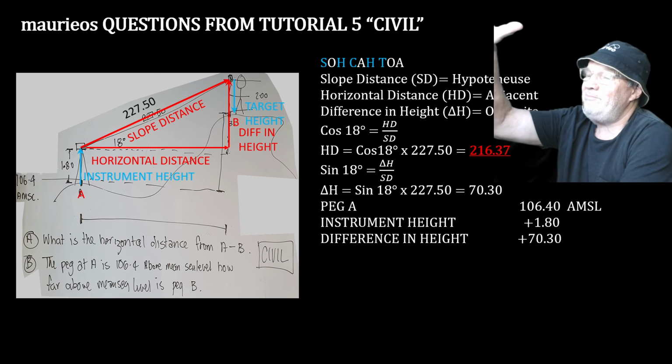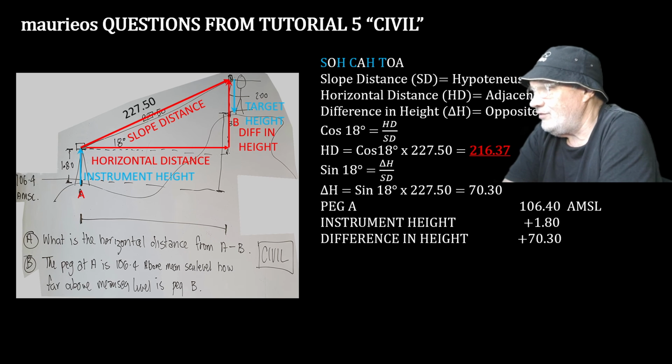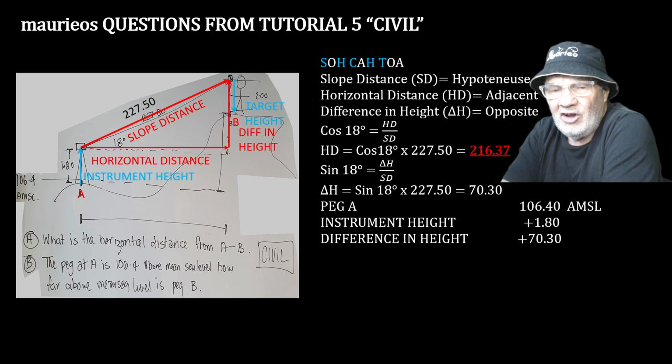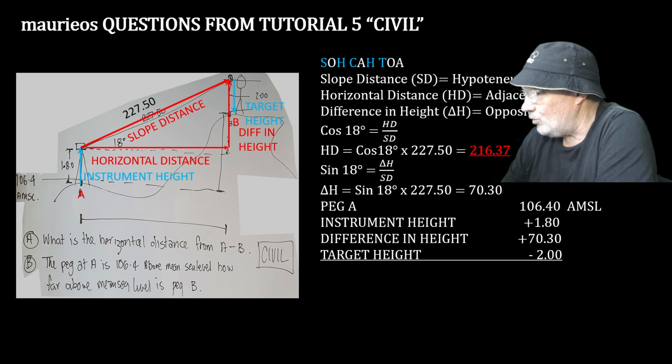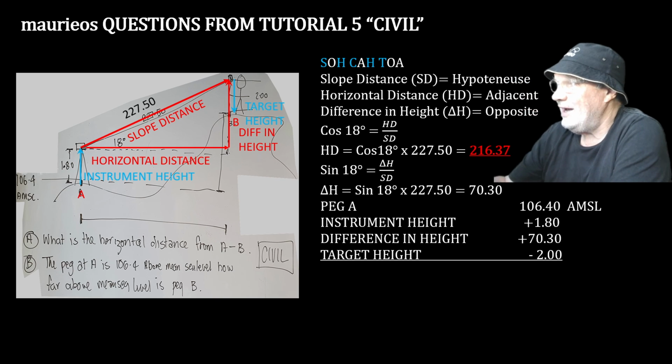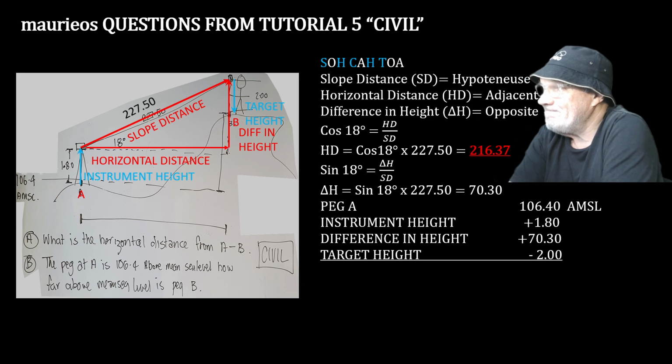If we're looking up, it's positive. If we're looking down, it's negative. So it has a sign. If it's up, it's positive. If it's down, it's negative. And then we take away the target height.